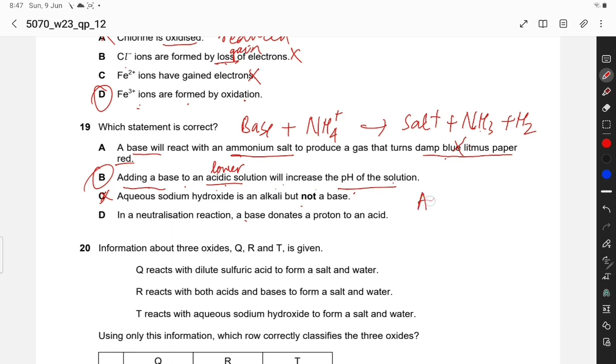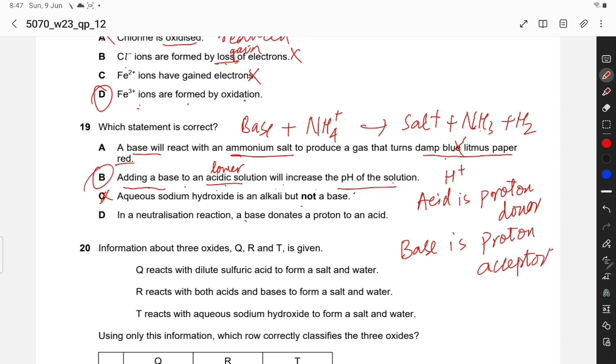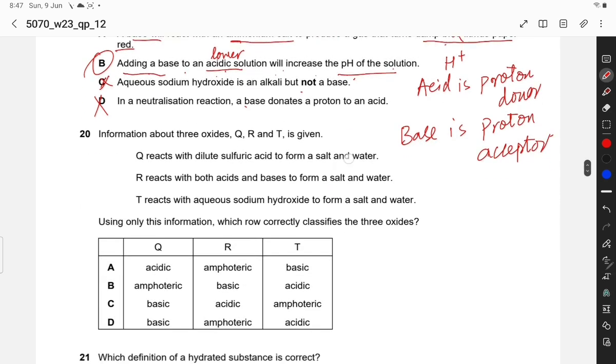Acid is the proton donor. Please keep it in mind. Acid, hydrogen is a proton. Acid is a proton donor and base is a proton acceptor. So this is also incorrect.